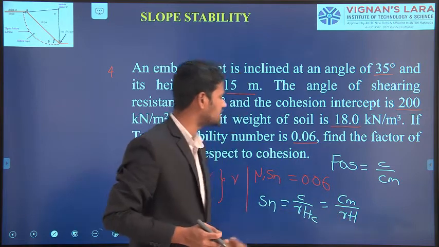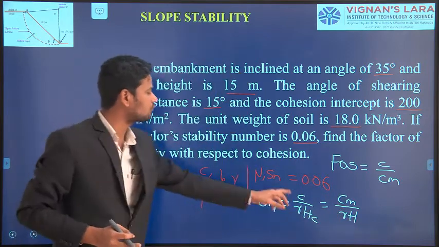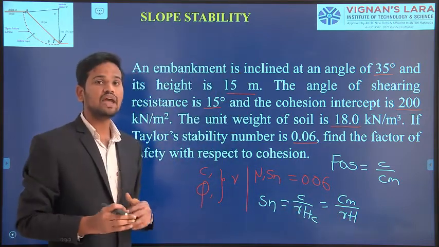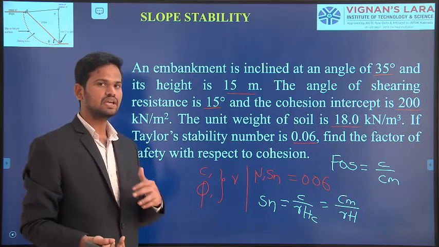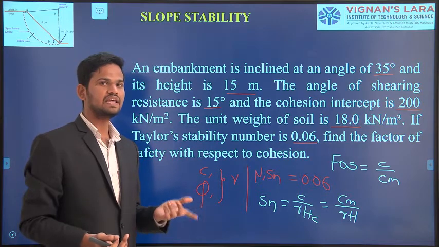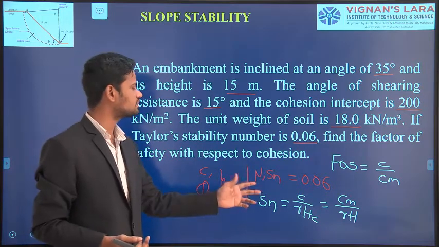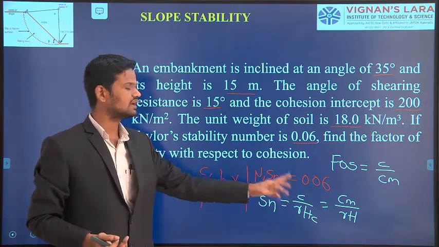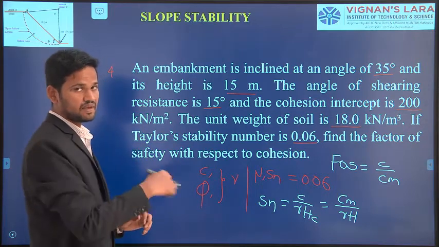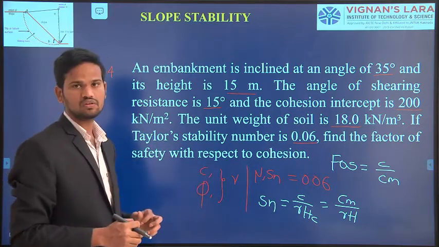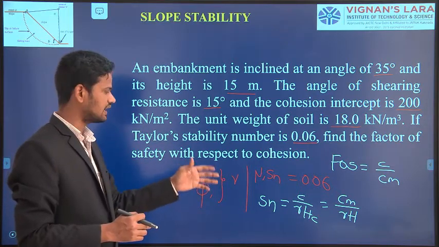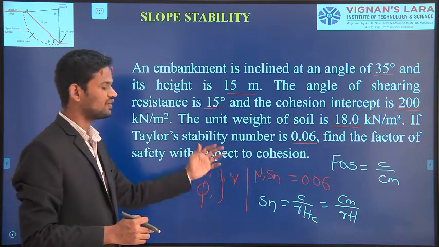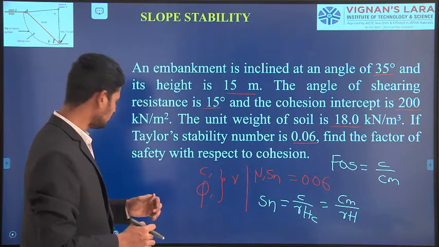Otherwise, Cm by gamma H, we can write it like this: I am writing the factor of safety with respect to critical height as F equal to Hc by H. Instead of H, I am writing Hc by F. Instead of H, we can write it as gamma into F. By C by gamma, we can substitute as Cm. This is the derivation we have already discussed in the Taylor stability number. Again, if you have any doubt, go and check that point.